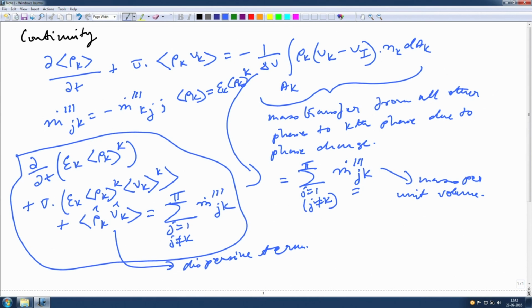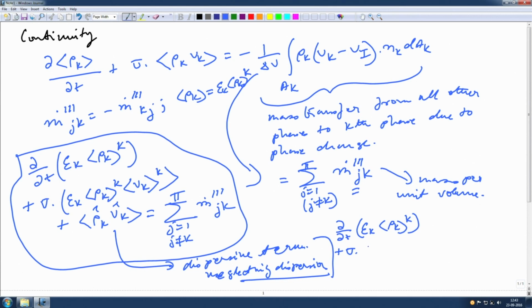So, if we neglect this dispersive term, in many cases they are actually small, so neglecting dispersion, what we get is, okay, that is what you get.